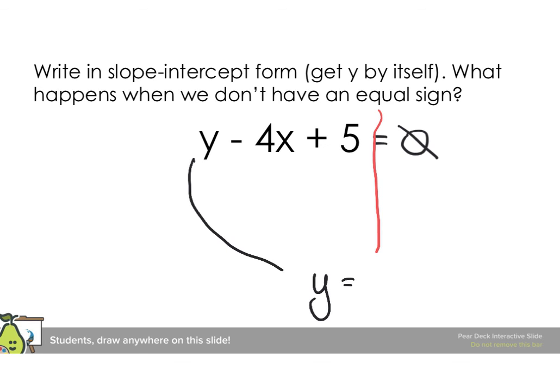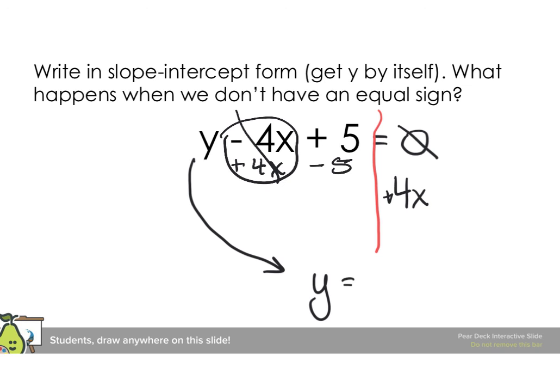We already have y, so now we just got to move over the -4x or get rid of it, and the 5. We're going to do that again in one move. Plus 4x makes that a 0, and we're going to do a plus 4x over here. -5 makes that a 0, -5, and then we have 4x minus 5, which then would easily let us answer the question.